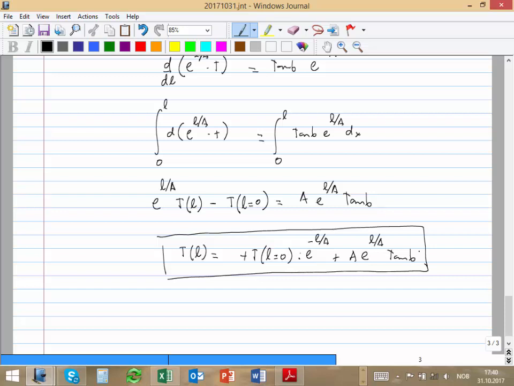For a generic distance L, you see that I will have just the temperature at the inlet of the pipe. Well, actually, there is a mistake here, I think. So this one should go away, no? This one should go away, right? I think that's the expression.